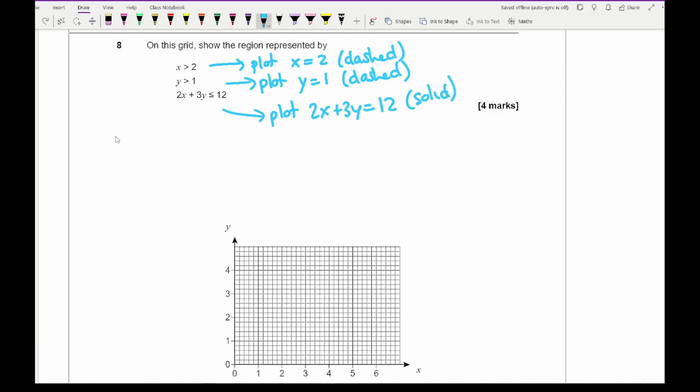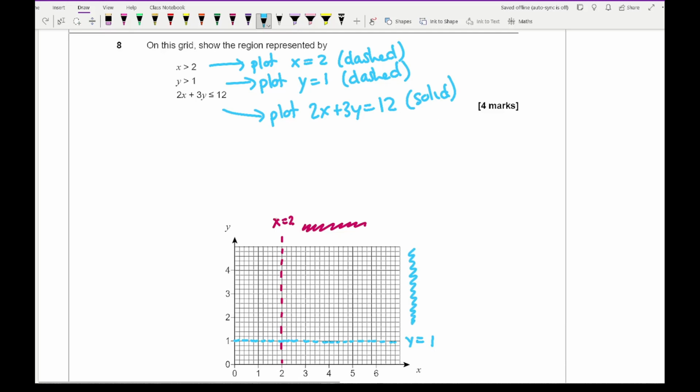Now, x equals 2 is just a vertical line, so let's draw that manually. This is x equals 2, and we want the right hand side of that, so this side here. Now y equals 1 is this line here, and we want the region above that, so this region here.